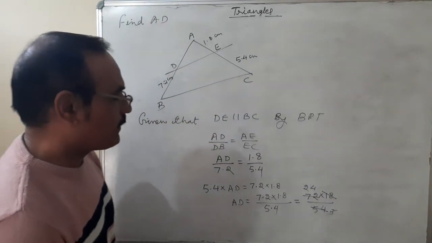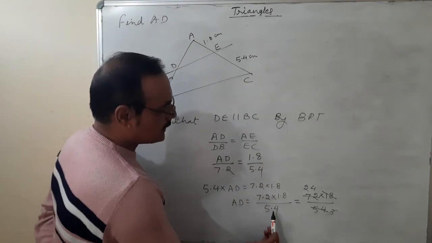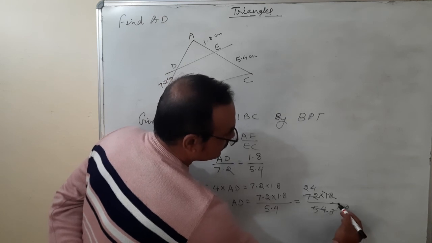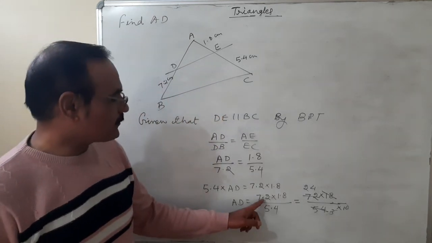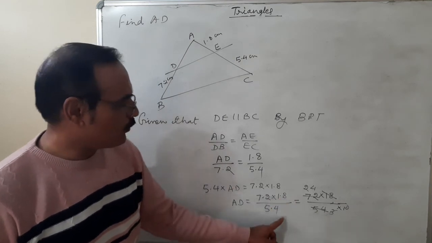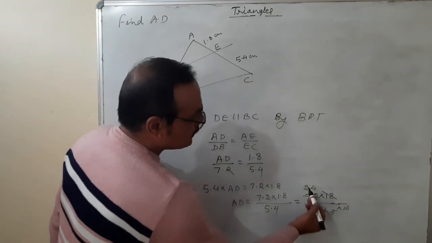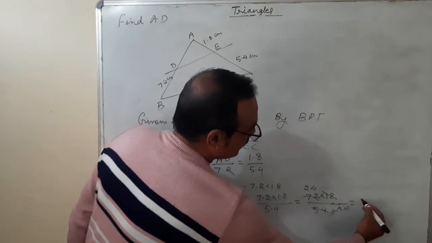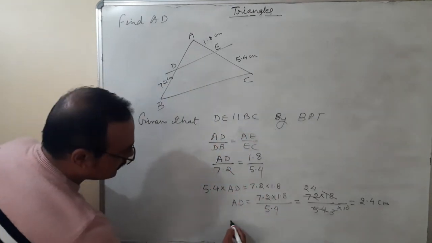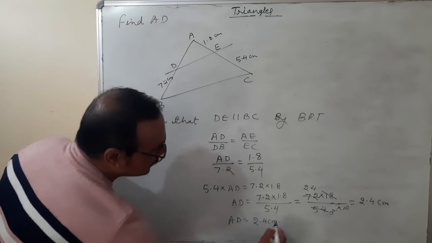So this is coming 24. But remember, there are two decimals in the numerator and a single decimal in the denominator, so one more 10 will be left here. So 24 upon 10 comes to 2.4 centimeter. That means the value of AD is equal to 2.4 centimeter.